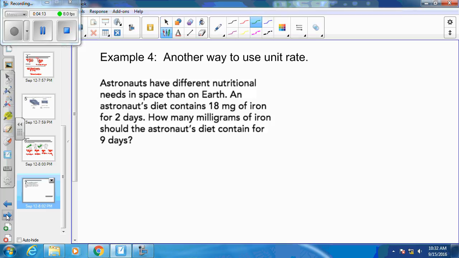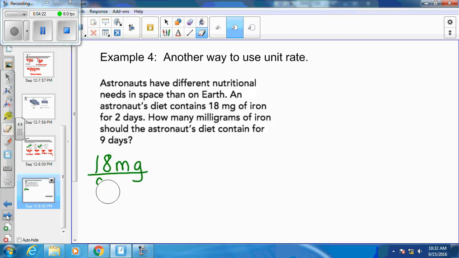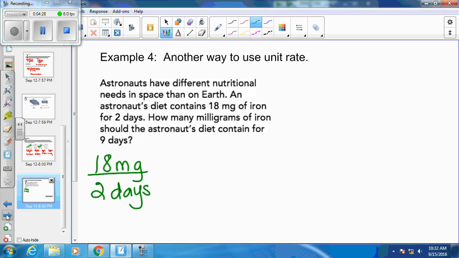So let's find the unit rate first. So we have 18 milligrams for 2 days, which the unit rate for that would be 9 milligrams per day.